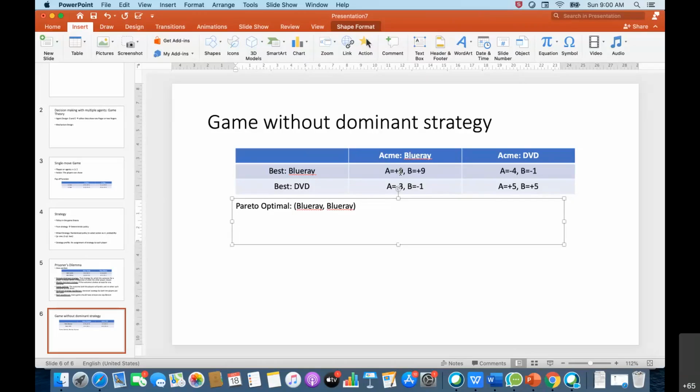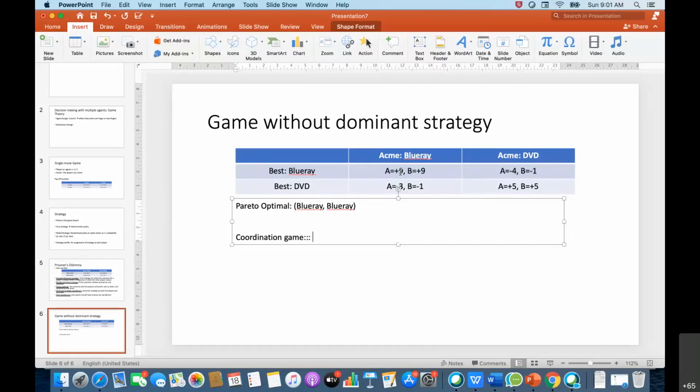So this type of game is actually called a coordination game. If they execute a coordination game, then they are definitely going to win.